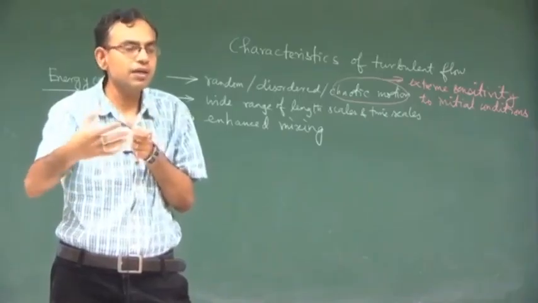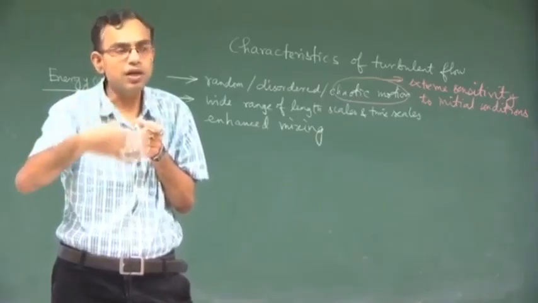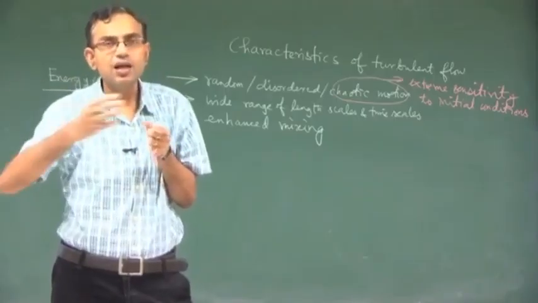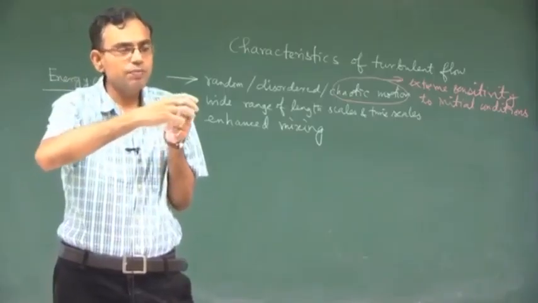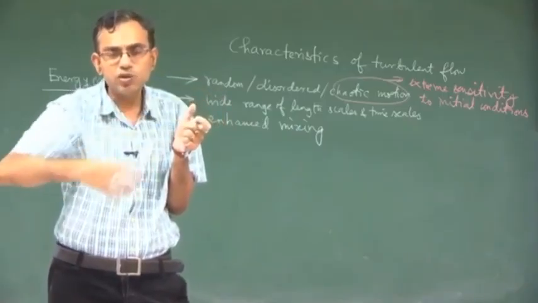By simple momentum exchange, the large eddy will transfer some of its energy to the small eddy, small to smaller, smaller and then smallest, and the energy which has been drawn from the mean flow by the large eddy will be dissipated by the smallest eddy.